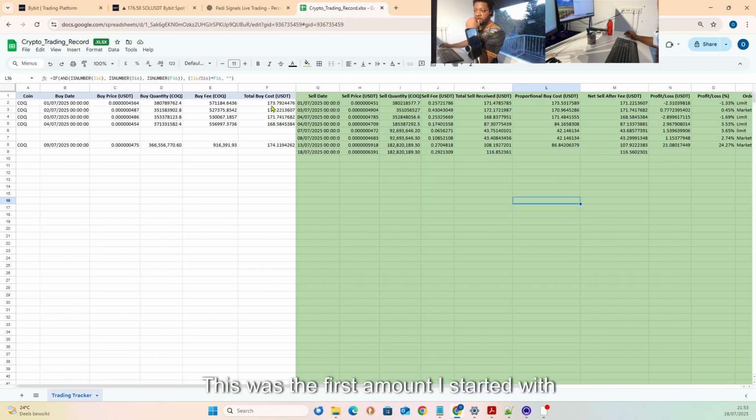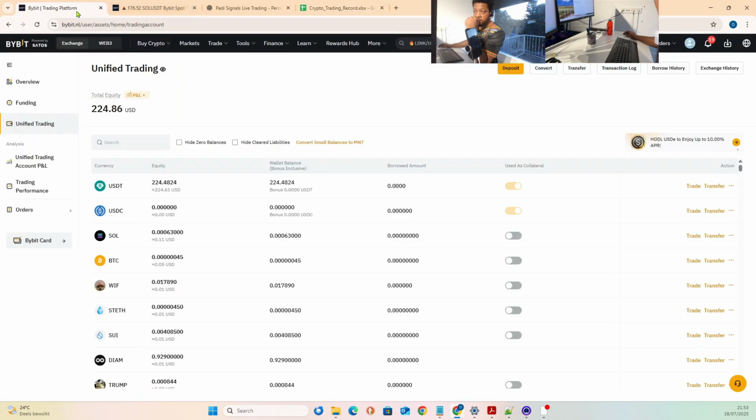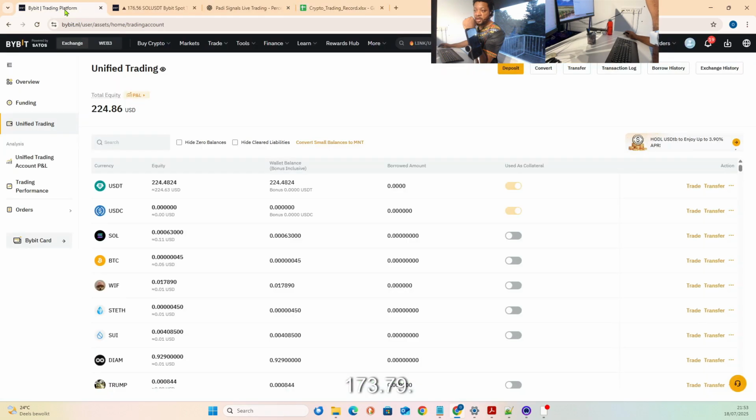This was the first amount I started with, and I didn't add any more capital. I started with 173 on the 1st of July, and now we are at 224. So how much percent profit is that? 173.79. Okay, I'm going to use AI for that.